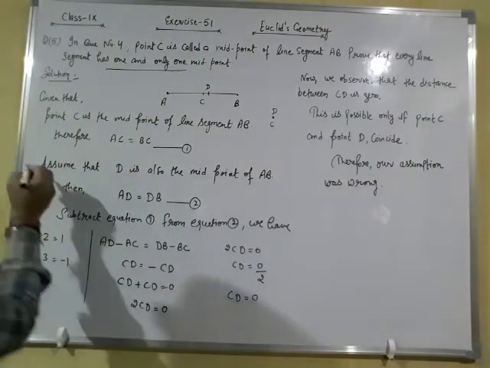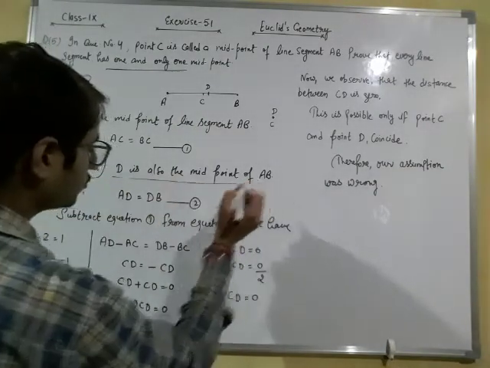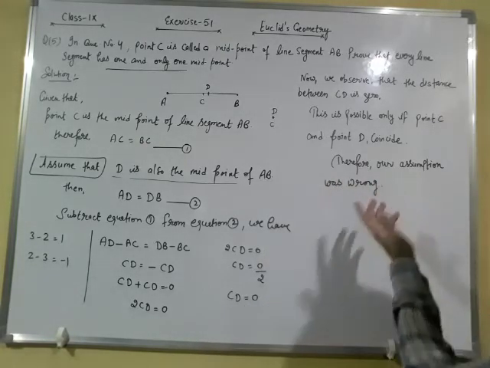This was our assumption: assume that D is also the midpoint of AB. We assumed that we have two midpoints. But now we have proved that our assumption was wrong.